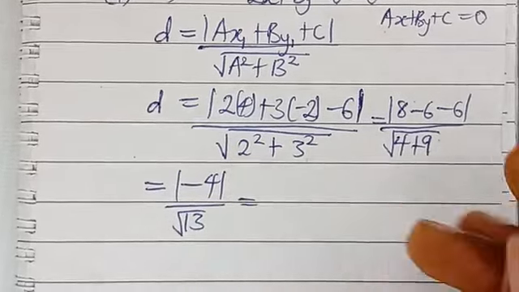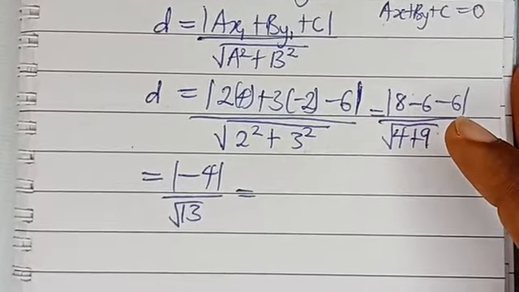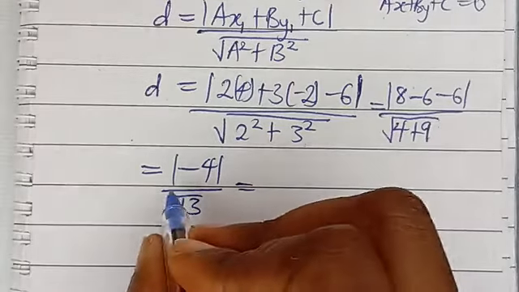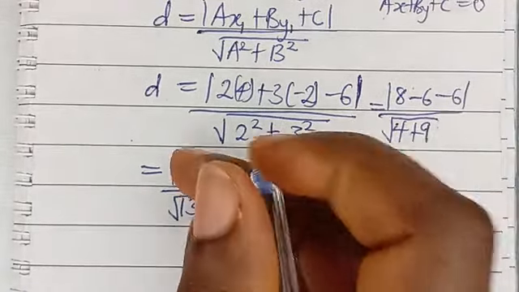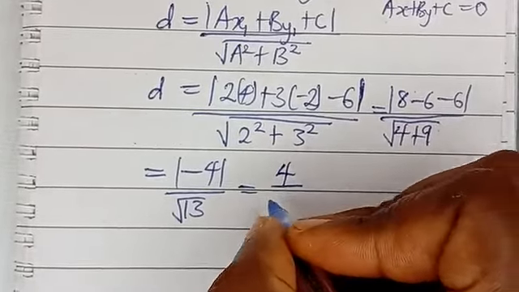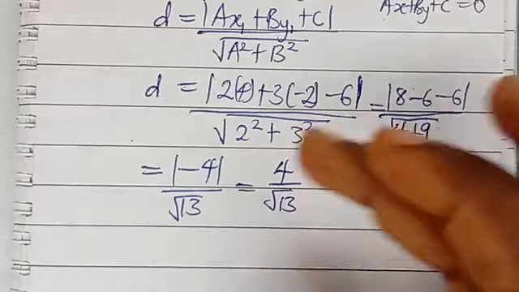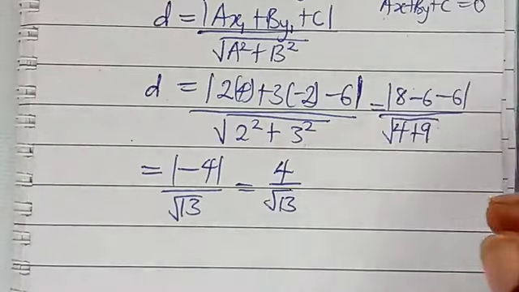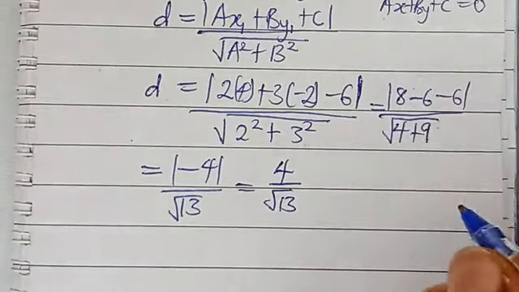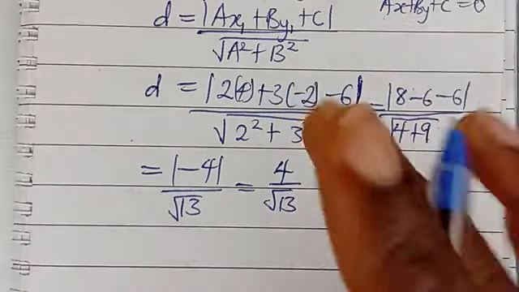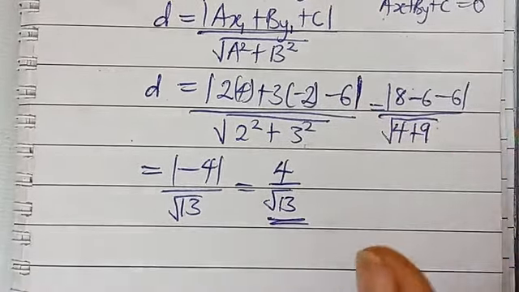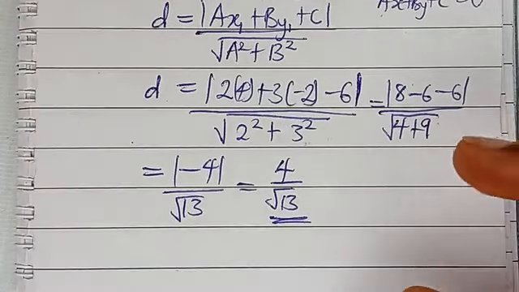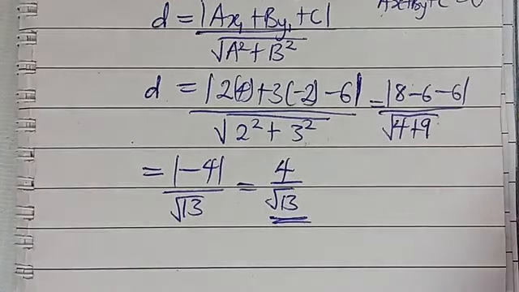So the square root of 13. The absolute value doesn't consider the negative sign, so this becomes 4 over root 13. We can leave our answer this way, or we can get the decimal number from the calculator. But for now, let us leave our answer this way. So the distance between that point and the line given to us is 4 divided by root 13.